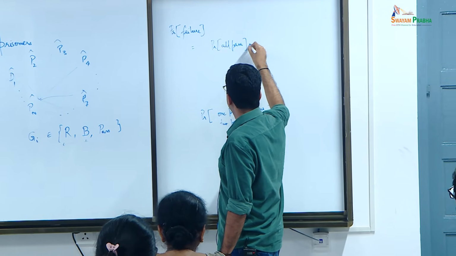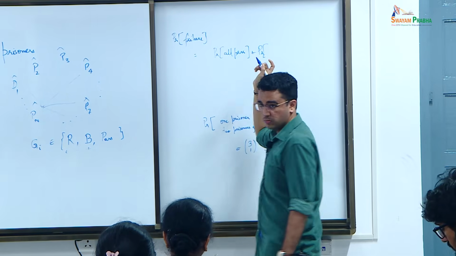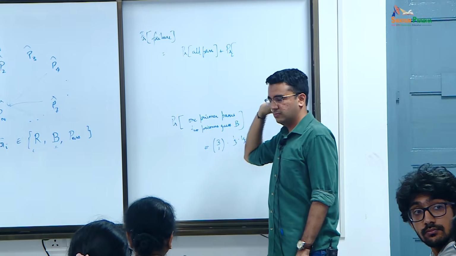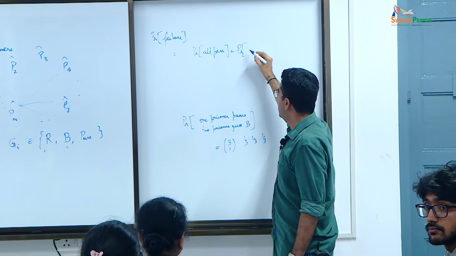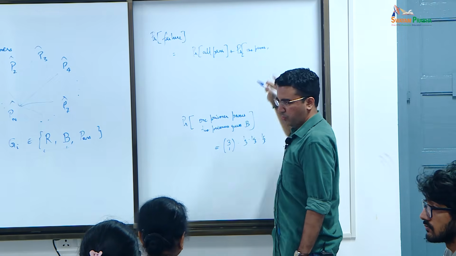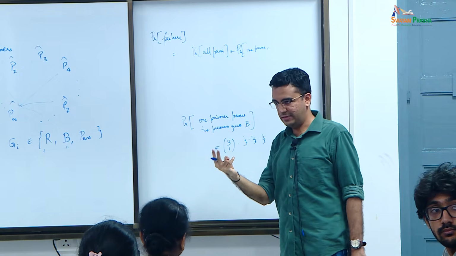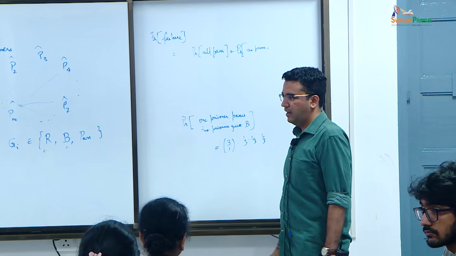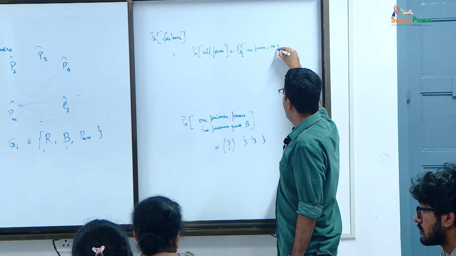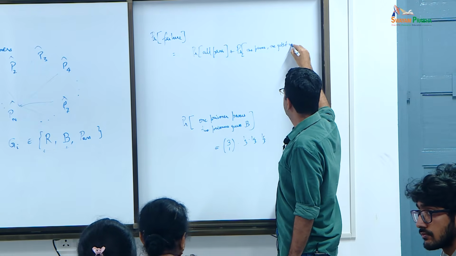What are the other events? These are all exclusive. So probability that one passes, only one guy passes, which means two guys guess, and at least one of them gets it wrong. What is this probability?